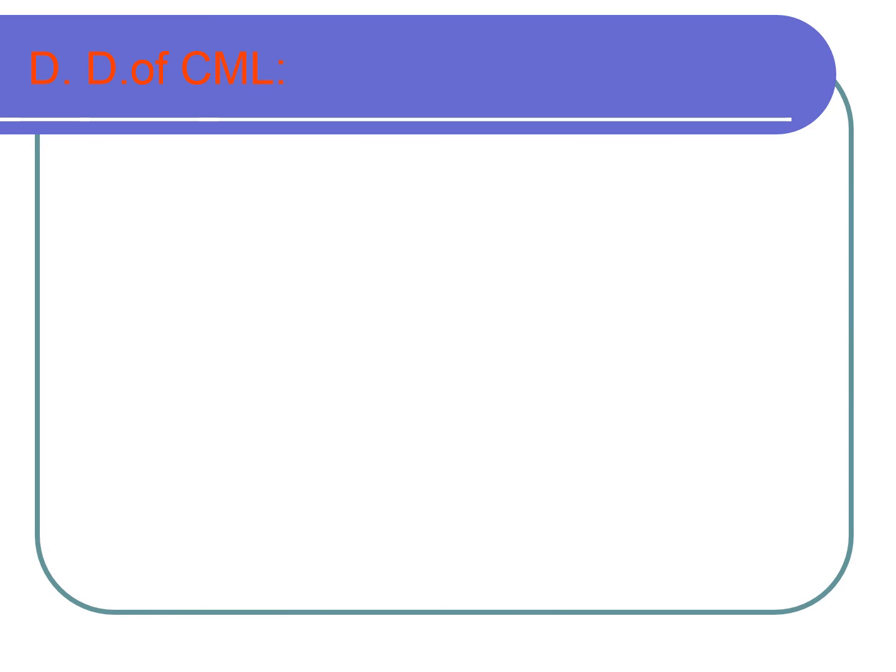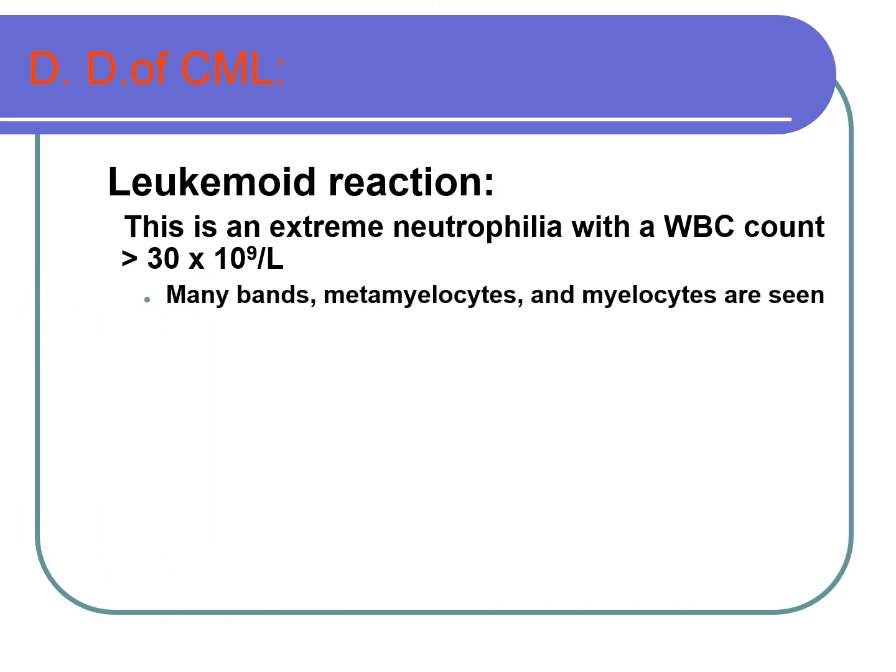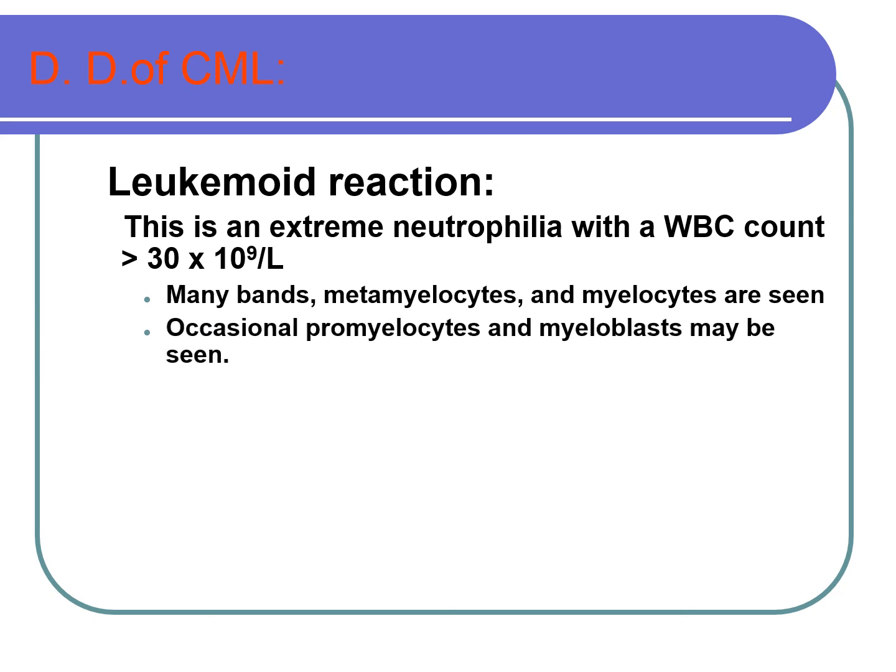Now, the differential diagnosis of chronic myeloid leukemia. One of the important and confusing conditions that can be mistaken for chronic myeloid leukemia is the leukemoid reaction. In a leukemoid reaction, we also have an increase in the white blood cell count, but when we do a peripheral blood film, we see many bands, and metamyelocytes and myelocytes are also seen in the peripheral blood.